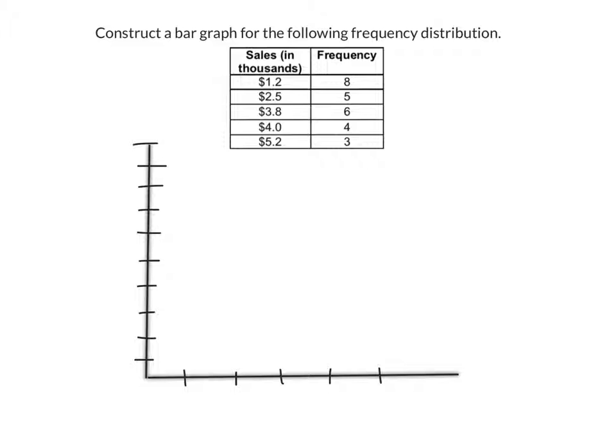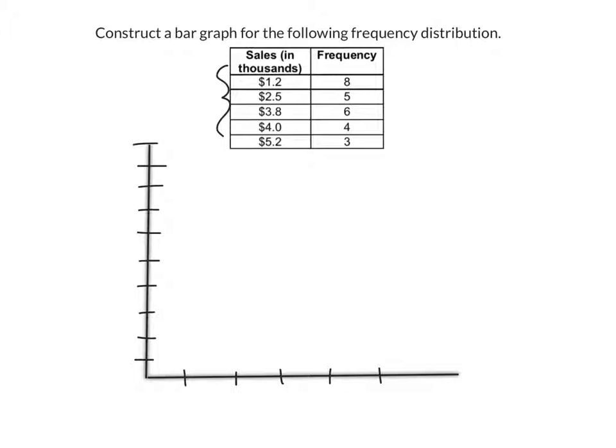Here we have a frequency distribution, and the left column gives us the sales in dollars. And then the right column tells us how many times that sale or that amount occurred within the data set. So when we construct a bar graph using a frequency distribution, we first want to identify and label the values for the horizontal axis and the vertical axis.